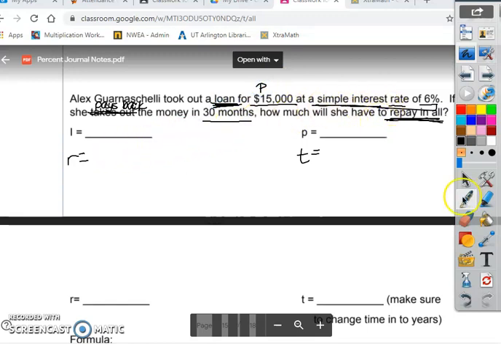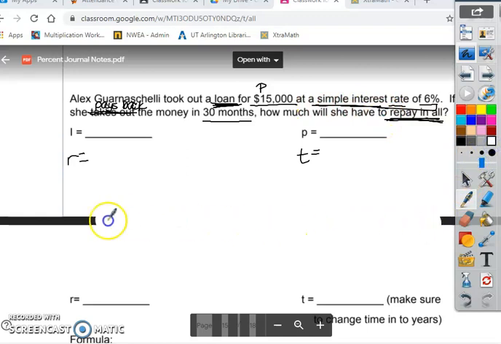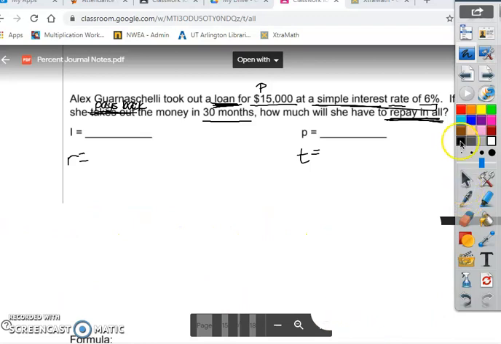Simple interest, that's telling me, remember, I equals PRT. 6%, that's the rate, and 30 months, there's my time.